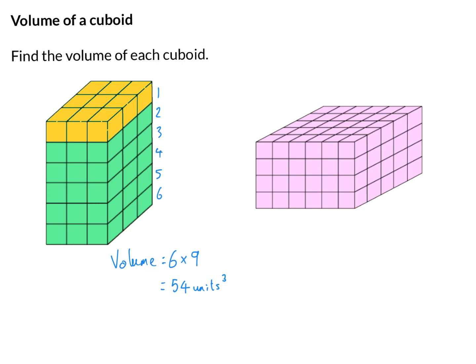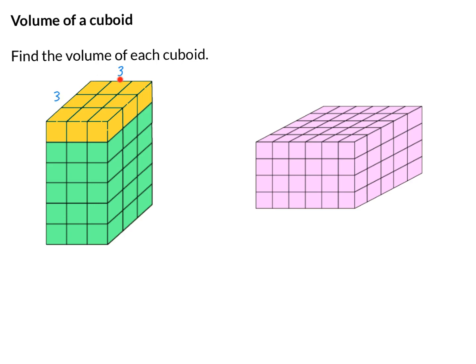However, we are still counting individual cubes. We counted what was in that top layer. So what we can do is speed things up even more. Rather than thinking about how many cubes are in a layer, we can take a sort of shortcut. We can figure out how many cubes are in that top layer by doing the length of the layer, 3, times the breadth, which is also 3.